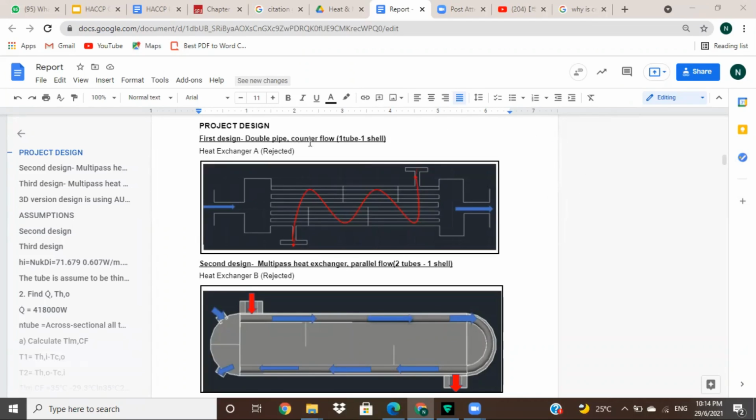Before I start my part, my name is Nisha Desai, my matrix number is 200-885. Today my part is about the project design.